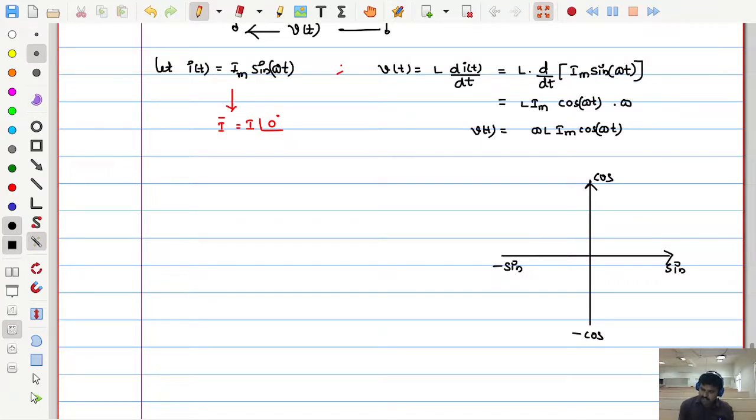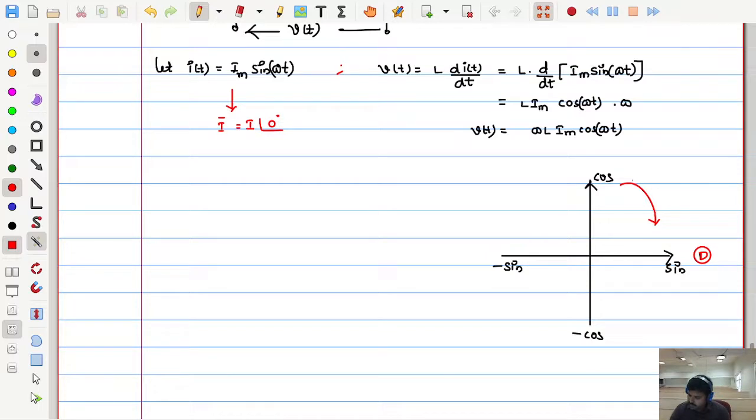What I desire here is to convert this cos into sine so that I can have voltage and current both in sine and compare. Sine is my desirable, from cos. Then what do I need to do?